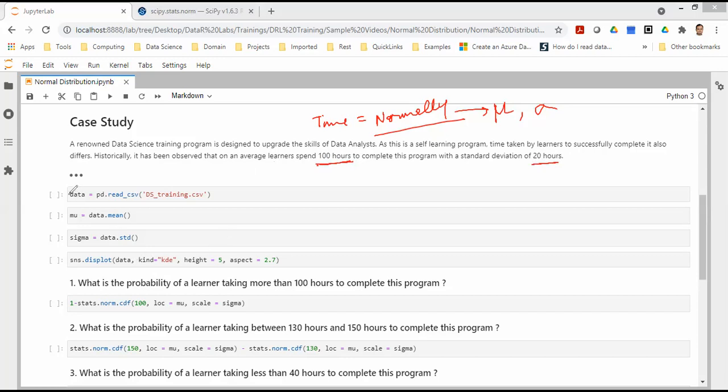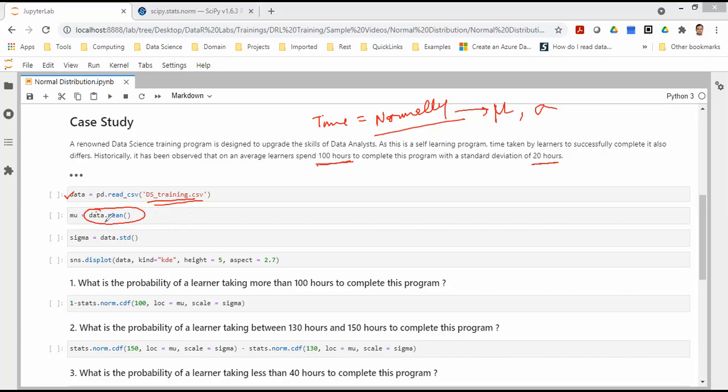After I read this data from the CSV file, I take the mean of this data. This data is about all those 200 odd learners whose number of hours to complete this training program is captured.